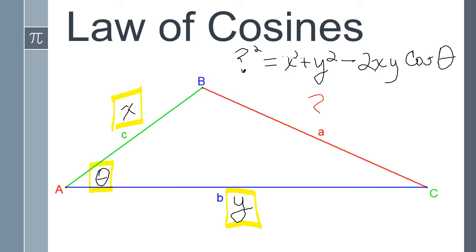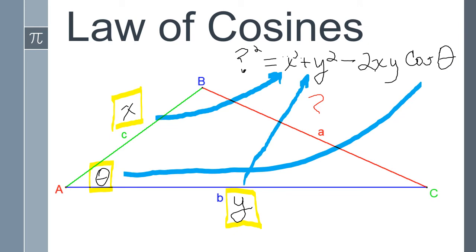So we're just taking these in. We're going to put a square there for that, and a square there for that, and we're going to multiply: x squared plus y squared minus 2 times x times y times the cosine of this angle.